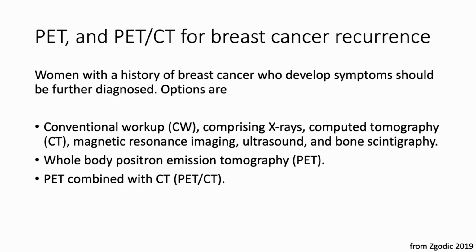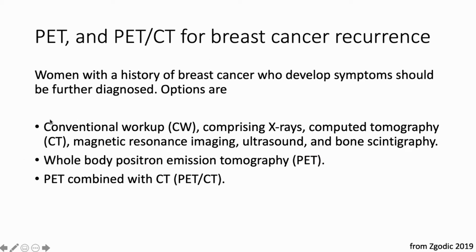So the example that I'm selecting is whether one could or should use positron emission tomography or its combination with computed tomography versus conventional workup for women who have a history of breast cancer, and who at some point during their surveillance developed symptoms.